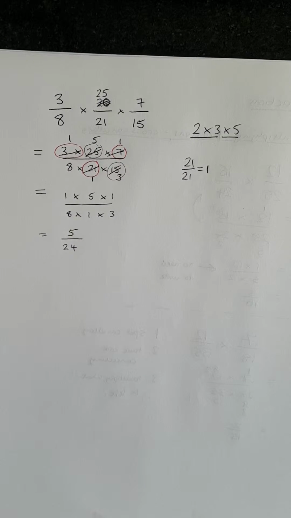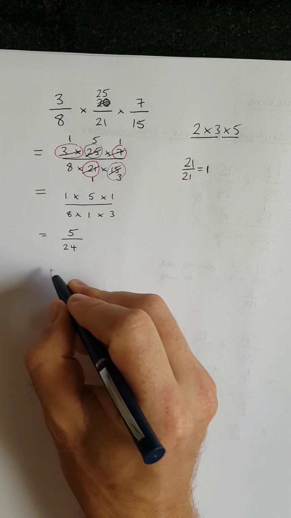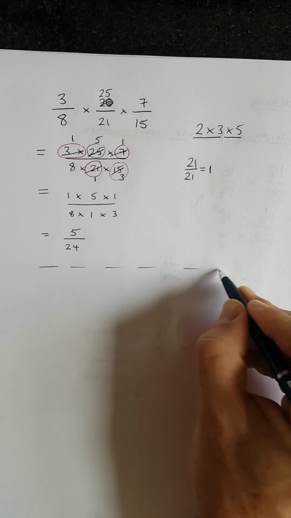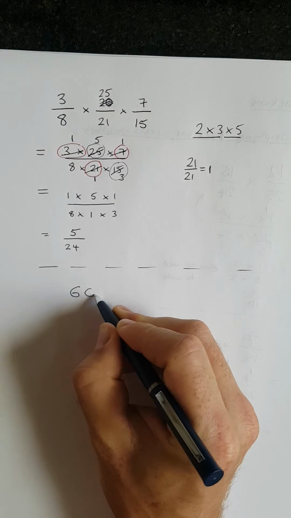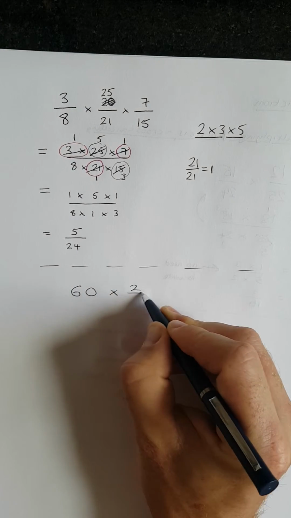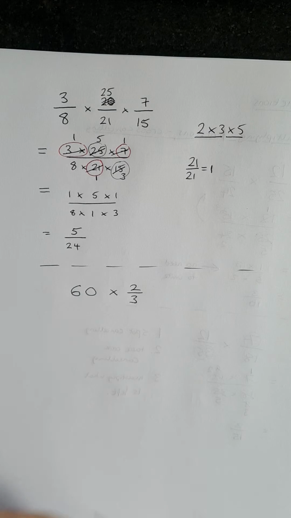So far, so good. So if it's 3 fractions, it's the same. If it's 2 fractions, it's the same. What about this situation? This is a very common one that throws people off all the time.